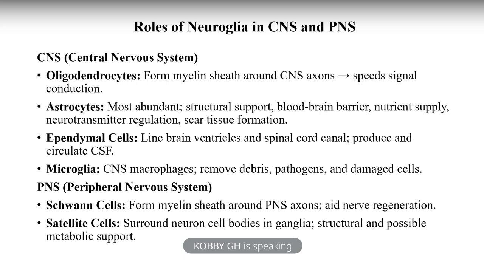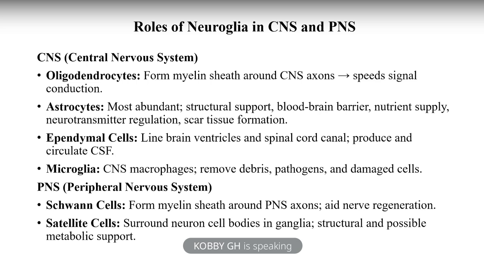Ependymal cells, what do they do? They line the brain ventricles and the spinal cord canal. They produce and help to circulate cerebrospinal fluid. So we can ask you, which of the glial cells helps to produce and circulate cerebrospinal fluid in the central nervous system? The answer is the ependymal cells.